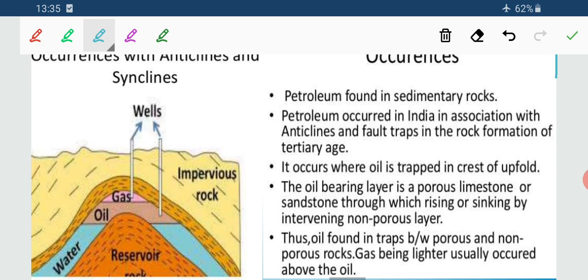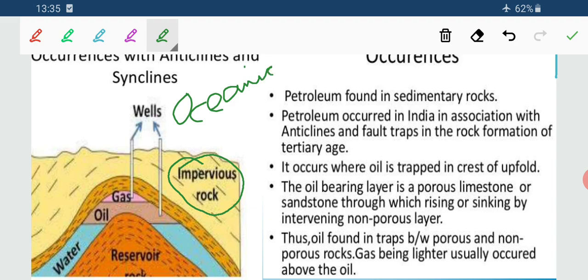Now let us go with the occurrences of the petroleum reserve. You can see the picture given here, which is below the oceanic beds. Petroleum is found within oceanic beds, between two types of rocks, permeable rocks and impermeable rocks.